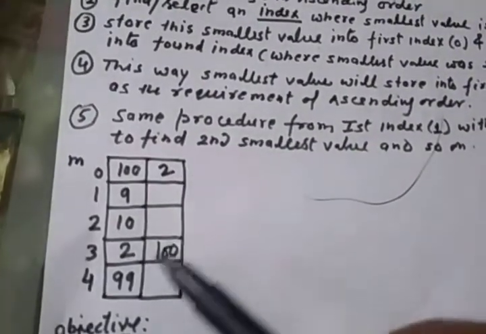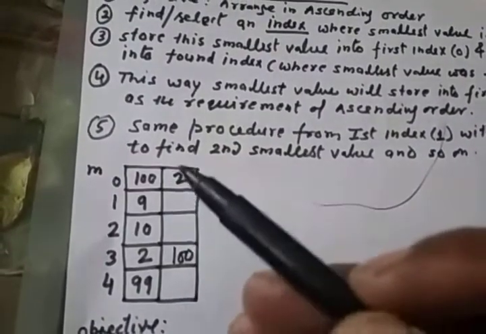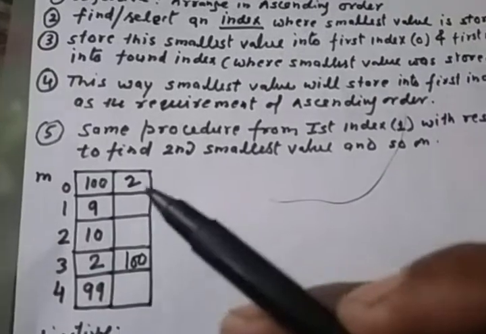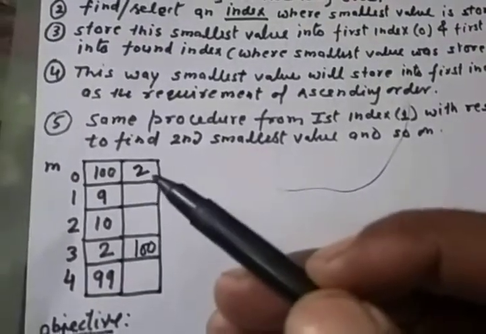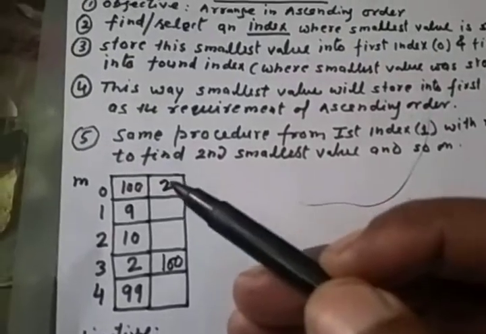Why are we doing it? Because our objective is to arrange the numbers into ascending order, which means the smallest value must be in the first location.